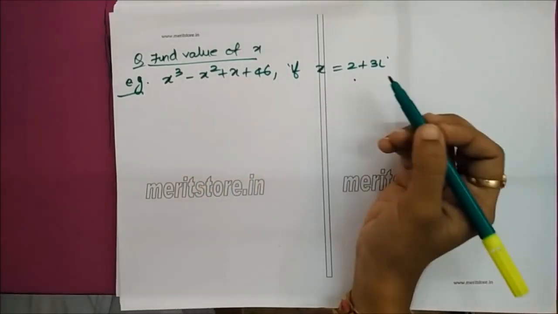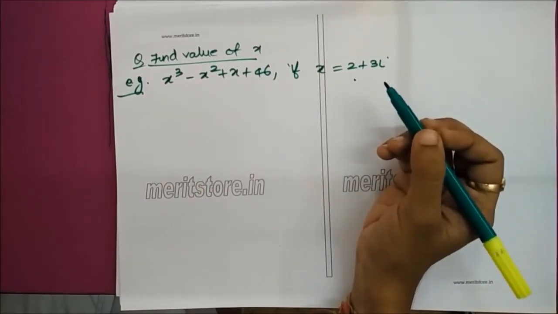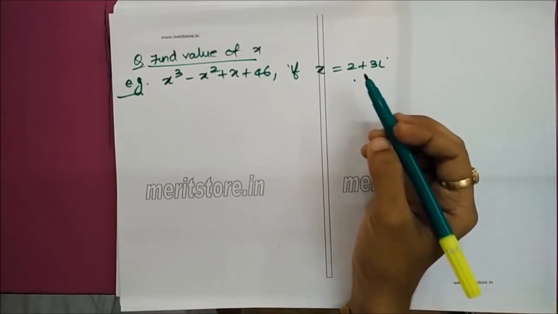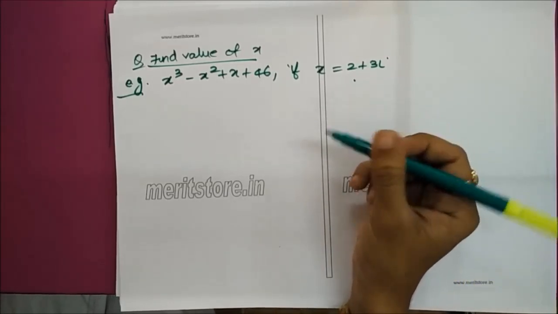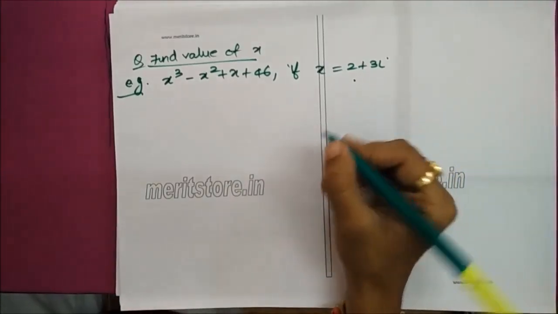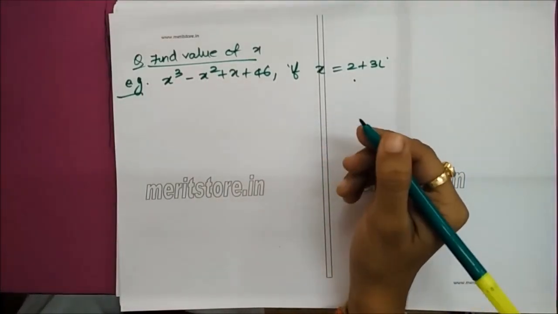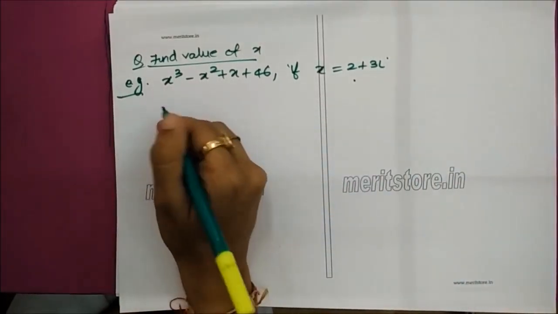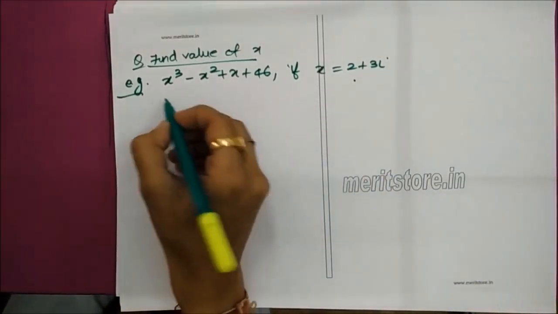If this is given, it's a 3 mark question. When x is equal to something where you have to rationalize basically your numerator and denominator with the conjugate of the denominator, that time it will be a 4 mark question, otherwise it is a 3 mark question. So 3 to 4 mark question. But your steps will remain the same.